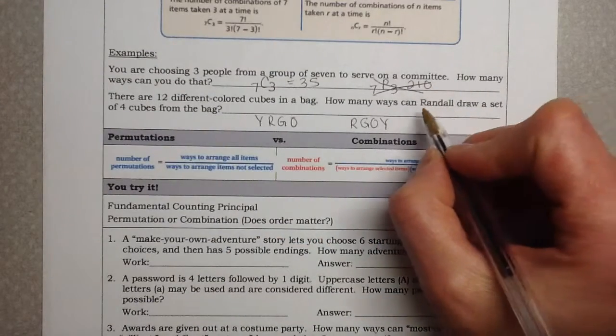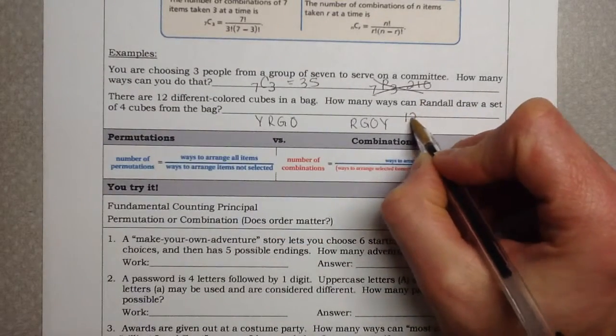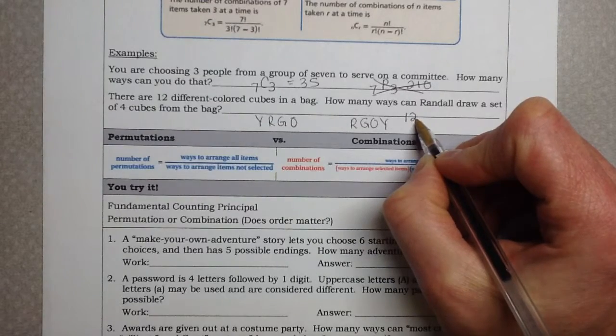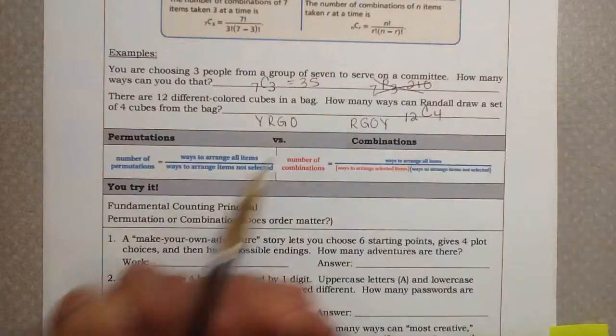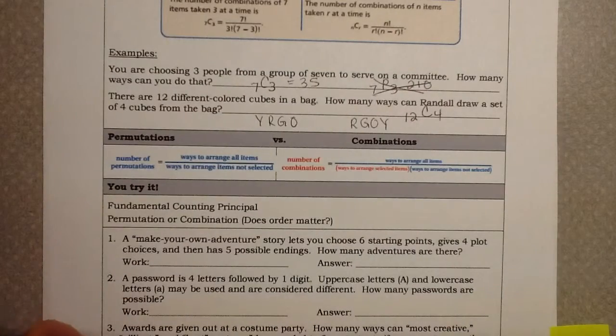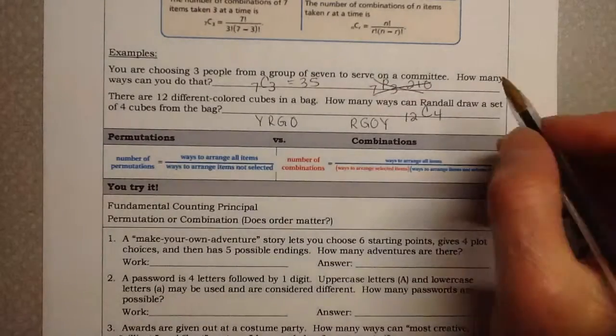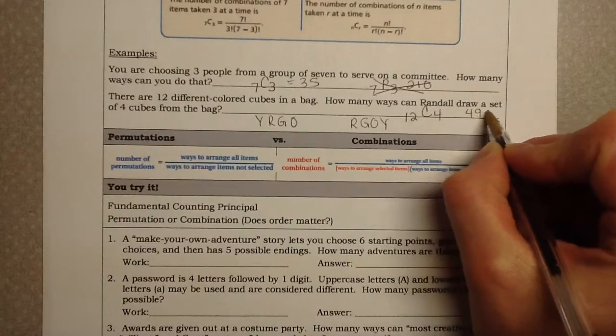So we're going to say this is a combination of 12C4. Okay, so 12C4, there are 495 ways I can do that.